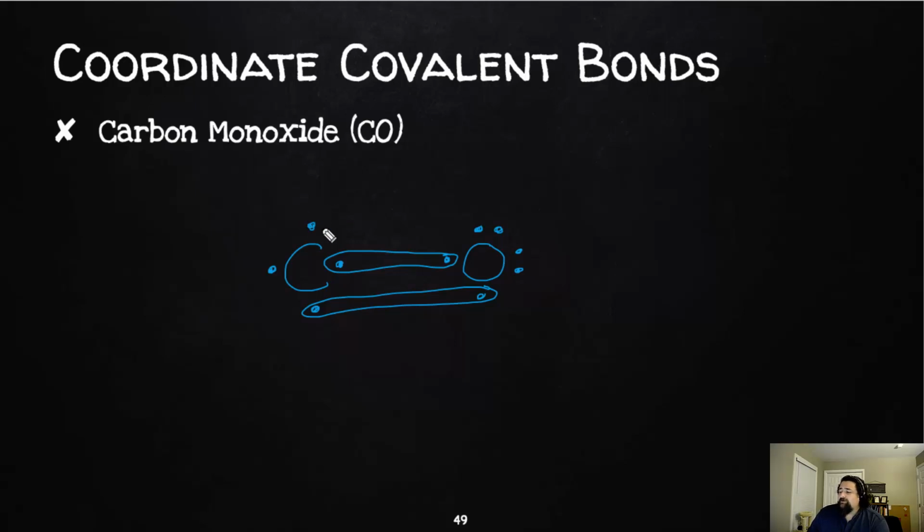Okay? Well, initially we were saying that any side with one electron is a bonding site, and any side with two cannot bond. Well, there's a bit of an exception to that, and this is the coordinate covalent bond. So, in this example here, carbon can move this electron, move it over to here, right?